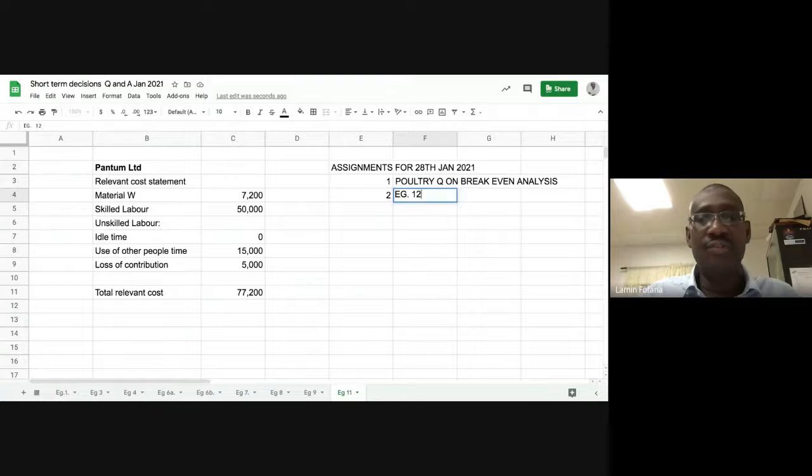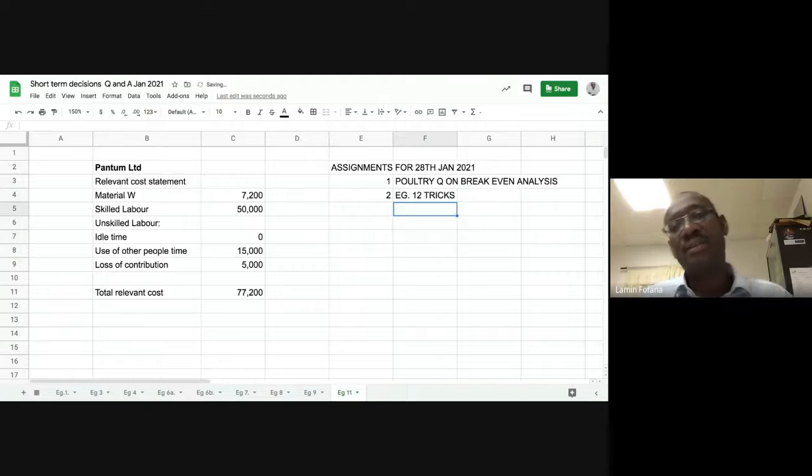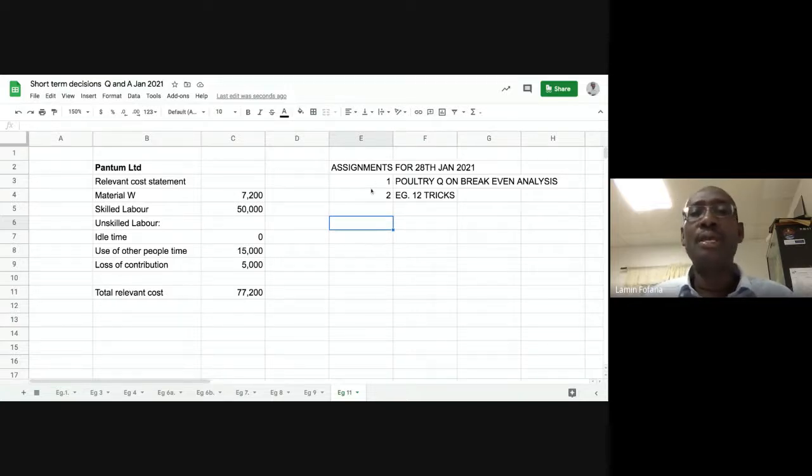So all must be done using your Google Sheet file, on different sheets for each of them, and it must be submitted latest next week Thursday. Thursday is submission day.